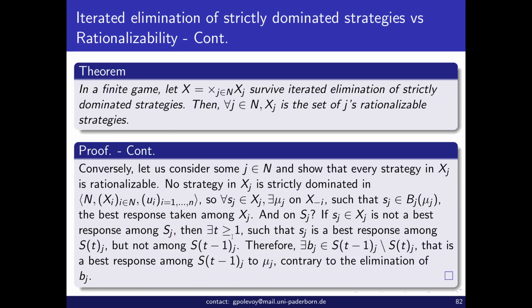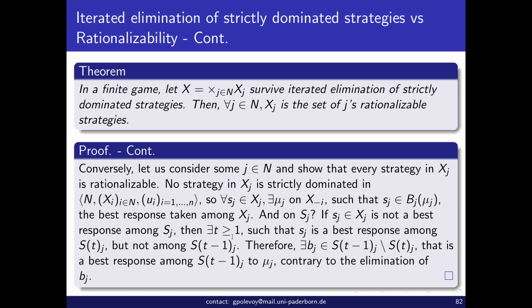Now, the other direction: we look at all those who survive iterated elimination, all those in Xj of player j, and show they are rationalizable. So take some player j and show that every strategy in Xj is rationalizable. Now, why?